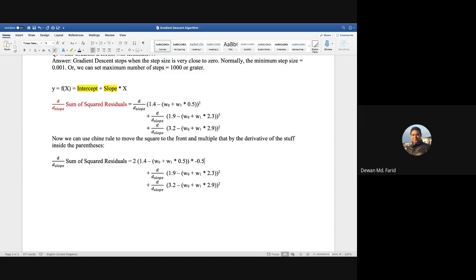So the same thing we can write for other equations.